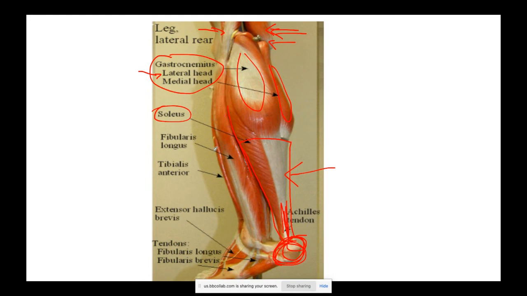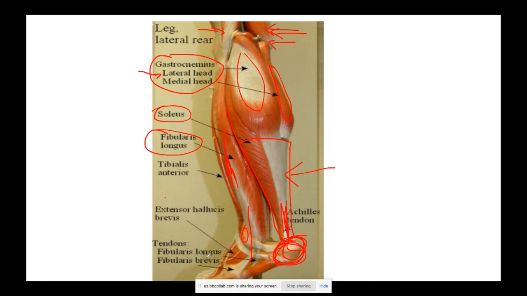On the outside of the leg, you see there's a fibularis longus, which is superficial, and then there's a fibularis brevis. It's a little bit tougher to see. But those go right posterior to the lateral malleolus. See that?